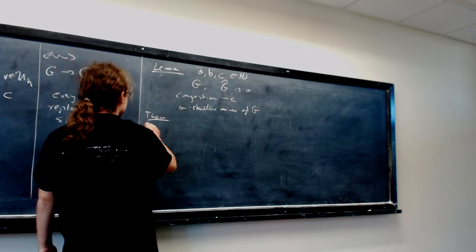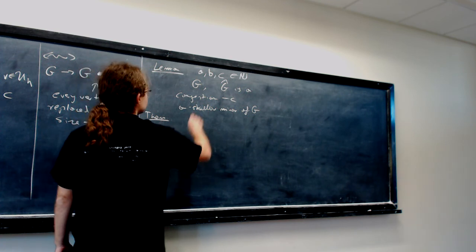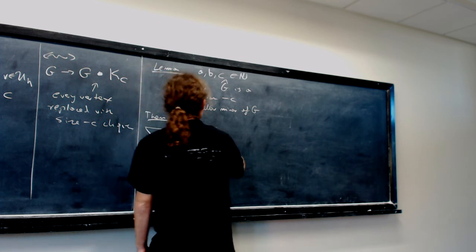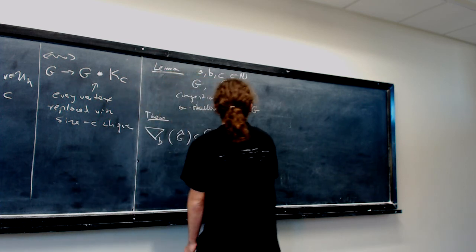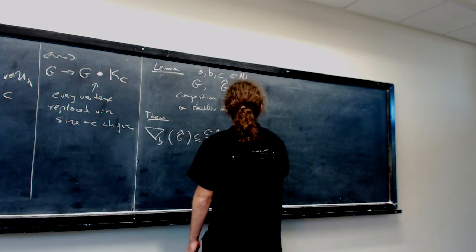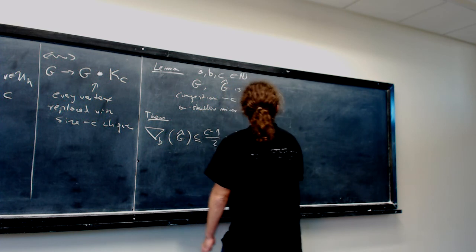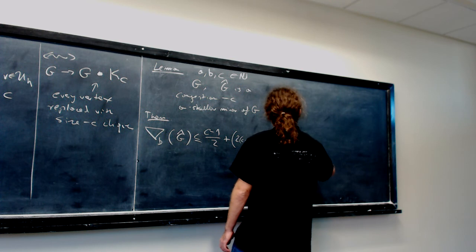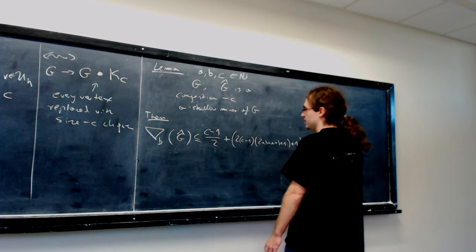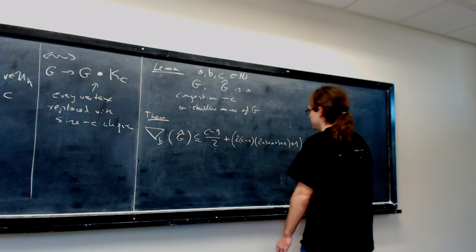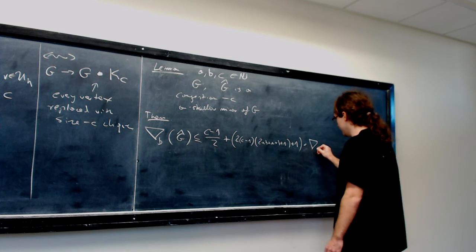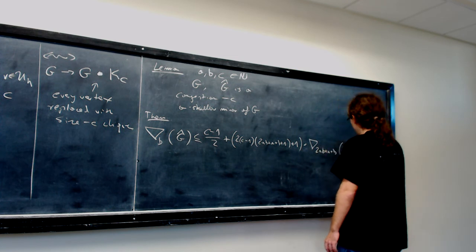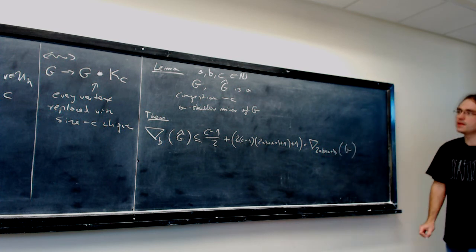So I want to say that delta B, the grad of G hat, will be bounded by C minus 1 over 2 plus 2C minus 1 times 2AB plus A plus B plus 1 times the grad of G at depth 2AB plus A plus B. Okay, this is the formula.